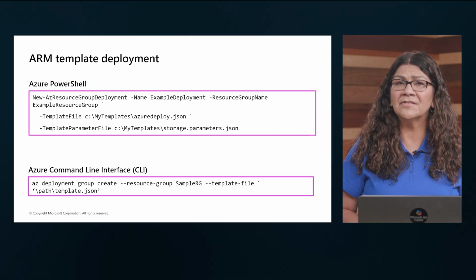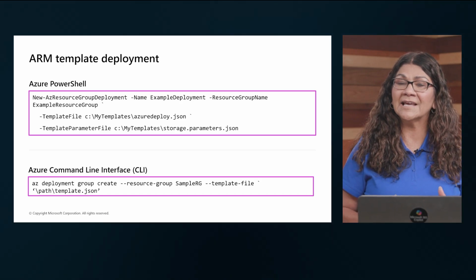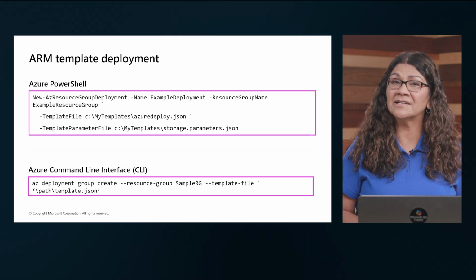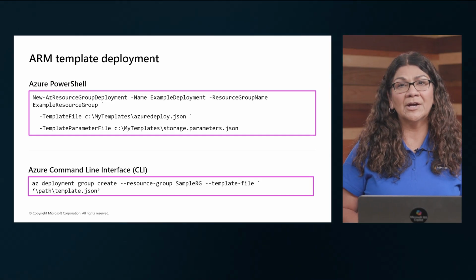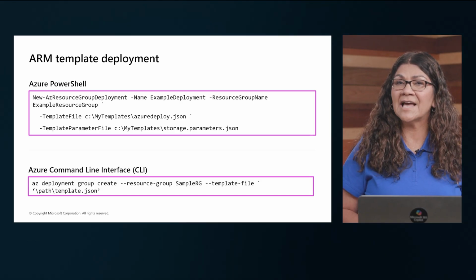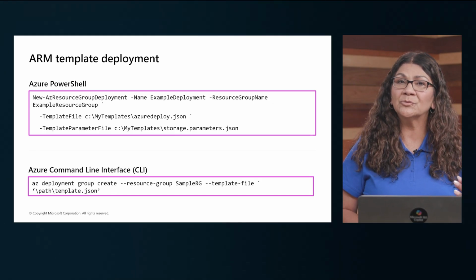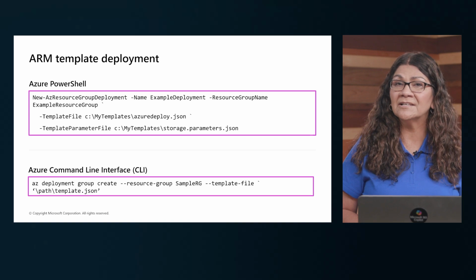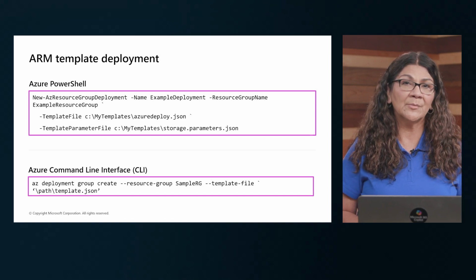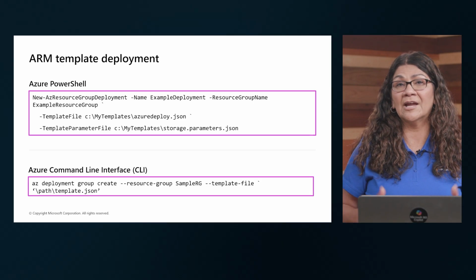ARM templates define the desired state of the infrastructure in a JSON format, allowing for consistent, automated, and scalable deployments without prescribing the exact steps. Unlike imperative models such as PowerShell or CLI scripts that execute tasks sequentially, the PowerShell command New-AzResourceGroupDeployment is ideal for users in Windows environments and integrates well with other PowerShell scripts, offering rich object handling and error management.